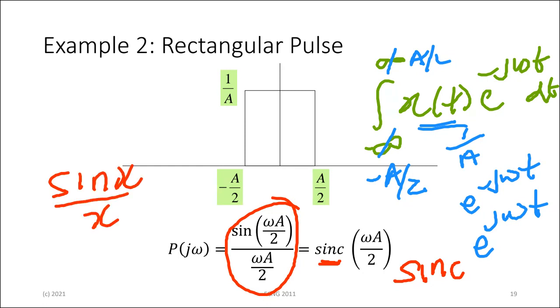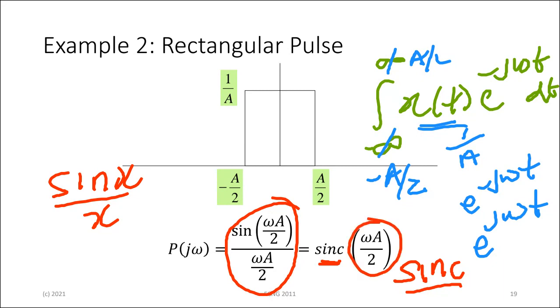That's the definition of a sinc function. In MATLAB it actually exists as the keyword sinc. So anytime you get something looking like sine x over x, it is sinc x. X, of course, is omega a over 2.